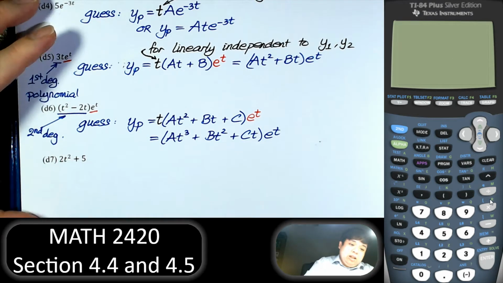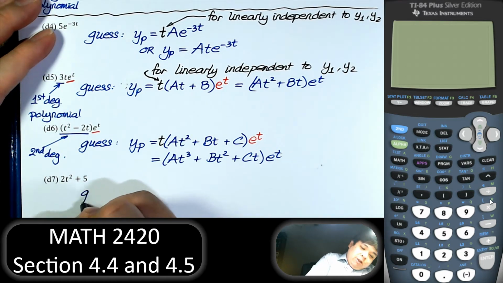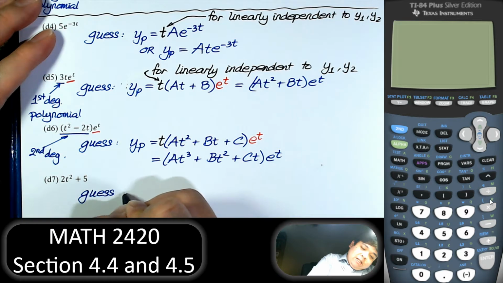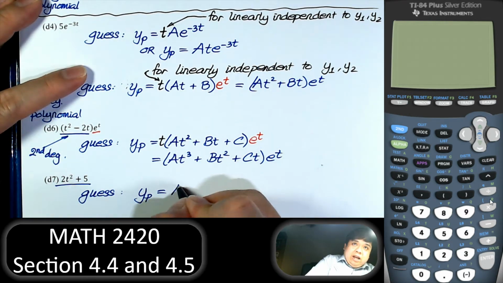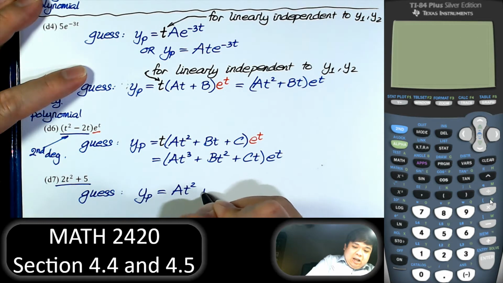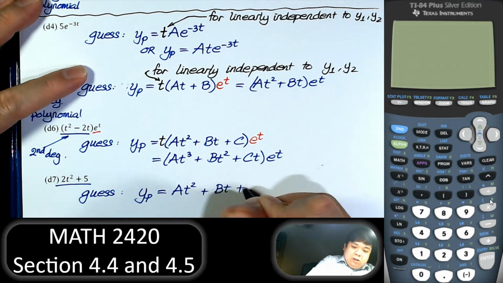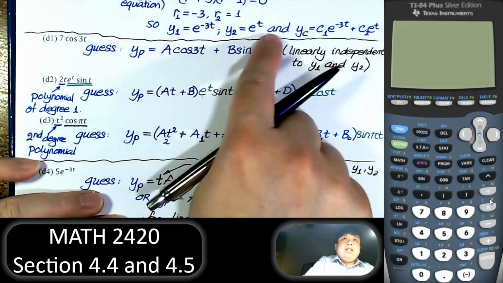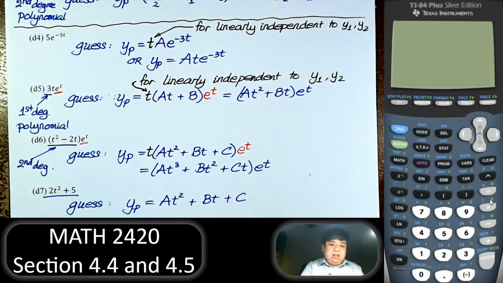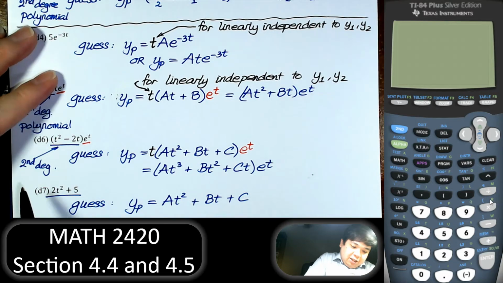And finally, for this one, we'll just guess. This is just a second degree, so our guess is the second degree polynomial. And all of these terms are different than that, so we don't need to do anything. That is our guess. Right.